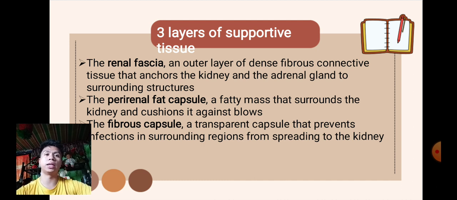And we have here the deep part, the innermost covering layer of the kidney. It is called the fibrous capsule. It is a transparent capsule that prevents infections in the surrounding region from spreading to the kidney. So these are the layers of the supportive tissues: the renal fascia, perirenal fat capsule, and the fibrous capsule.